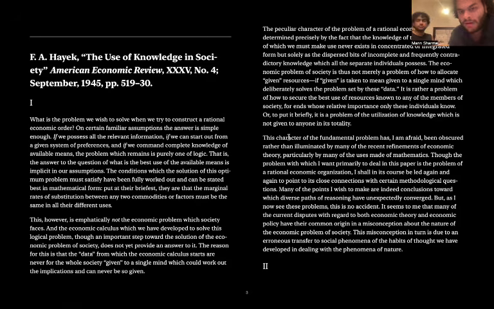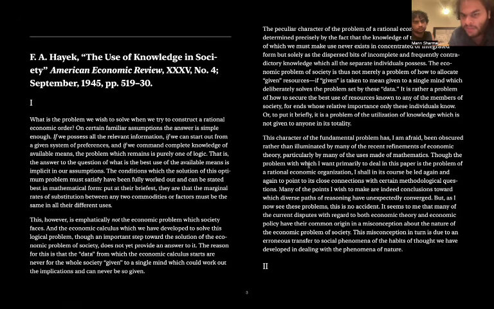Okay. This character of the fundamental problem has, I'm afraid, been obscured rather than illuminated by many of the recent refinements of economic theory, particularly by many of the uses made of mathematics.